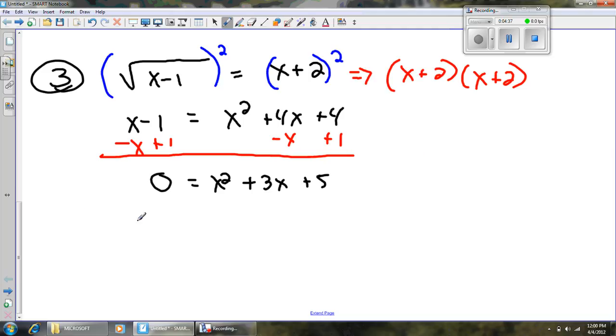I'll try the quadratic formula on it. X is going to equal negative b plus or minus the square root of b squared minus 4ac. Sorry, I wrote b to the 9th, didn't I? Let me rewrite that part there.